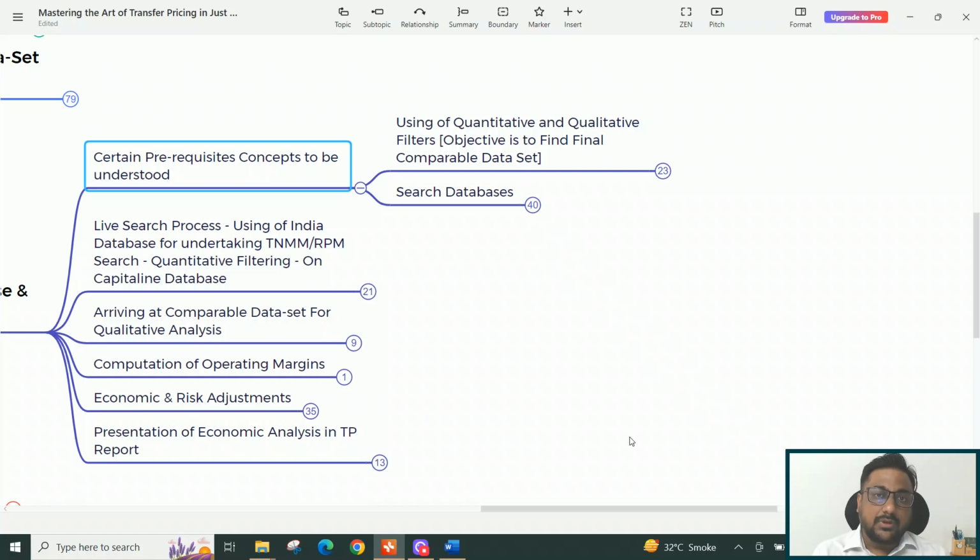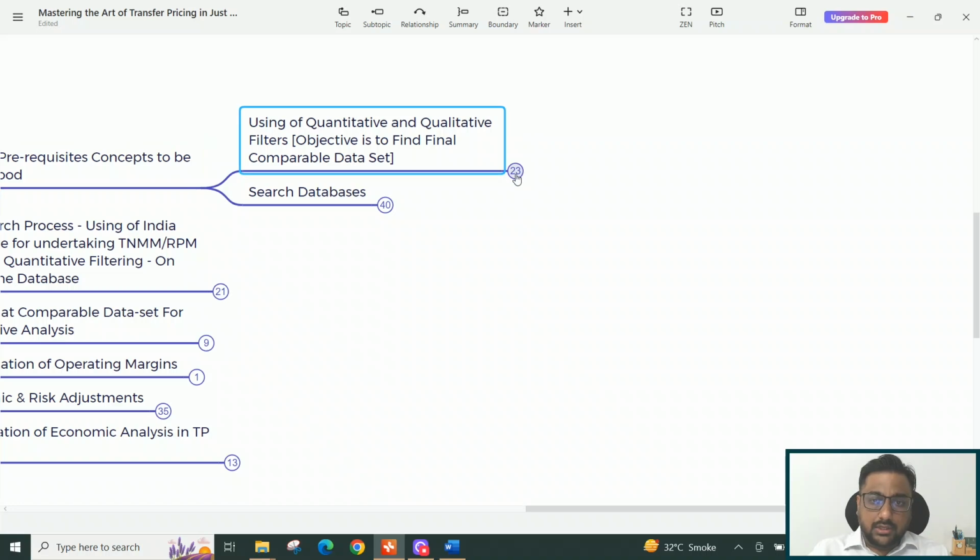So now, when we are talking about the external search, obviously the comparables which we find have to be more precise, and they should be more comparable with your taxpayer assessee. Now I'll start by explaining what filters we need to consider to refine that entire comparable set that we may get from the database.